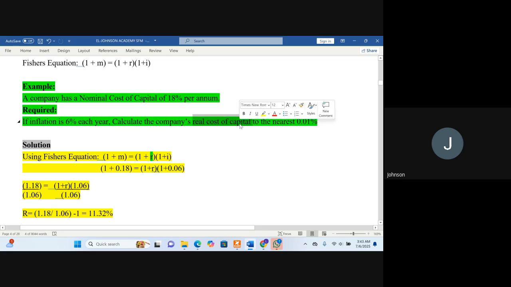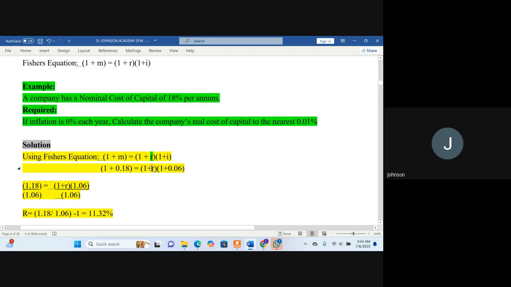Why? Because the cash flows we're given in the question are all in real terms. So we need to change our nominal cost of capital to the real so that we can use real cost of capital for real cash flow. So we now say 1 plus 0.18 equals 1 plus R.